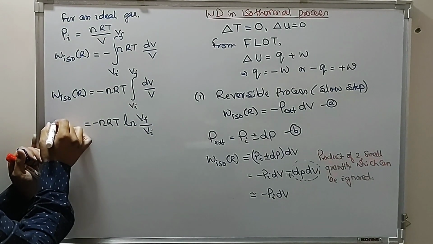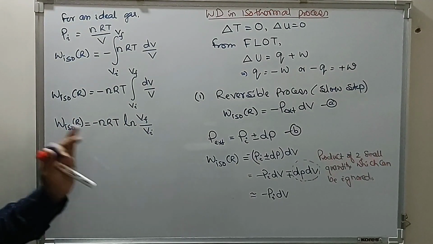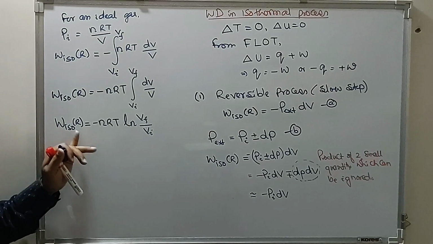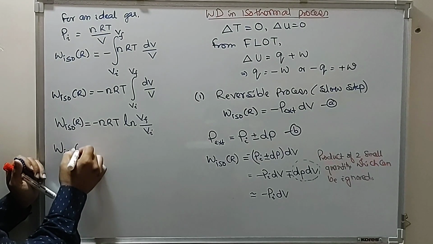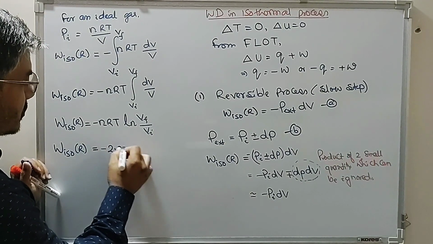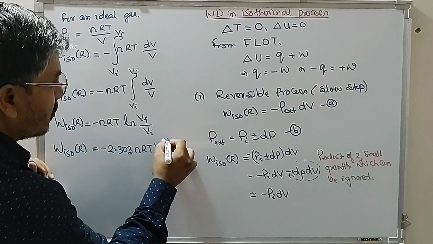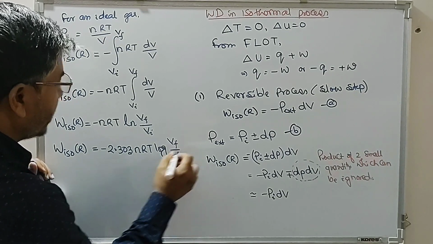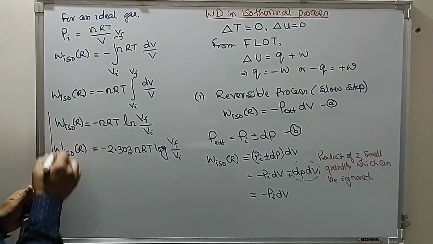So this is the final expression of work done in isothermal reversible process. This is isothermal reversible work done. The same equation can also be written as: work done isothermal reversible is equal to minus 2.303 nRT log V final by V initial. So this is the final expression of the work done in an isothermal reversible process involving an ideal gas.